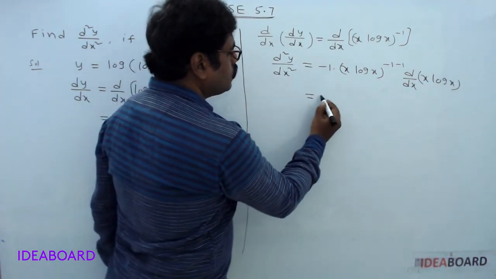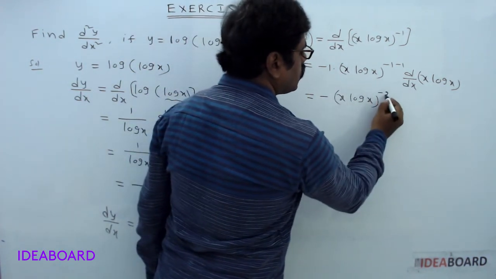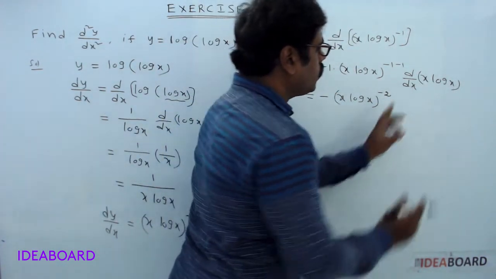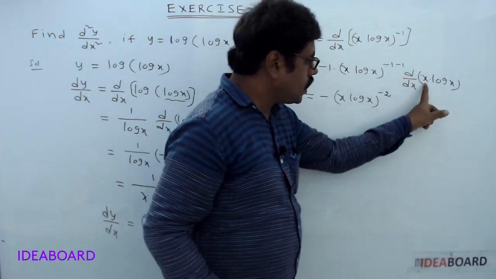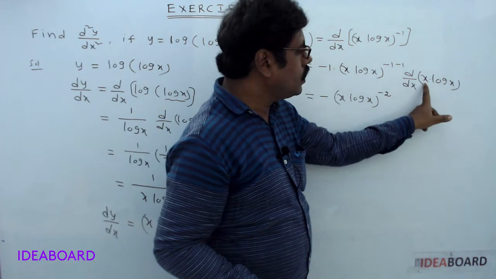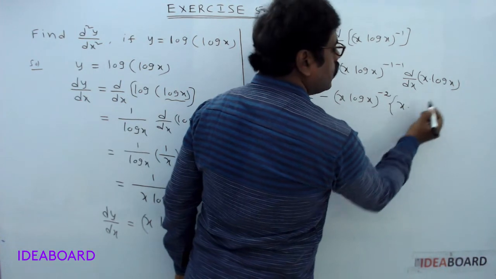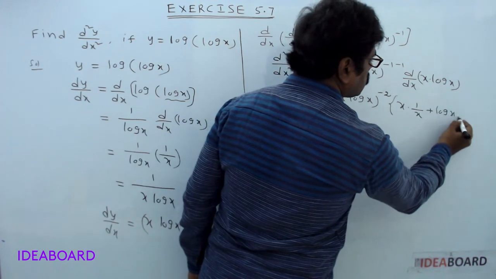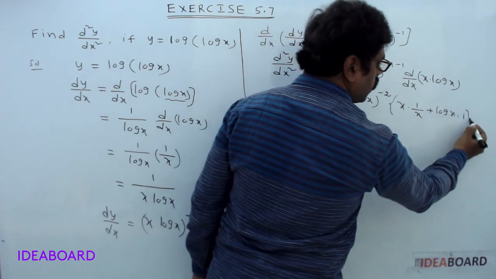Now this equals minus (x log x) whole power minus 2. Now the derivative of x into log x is the derivative of a product of two functions. What is this formula? First function into the derivative of the second function plus second function into the derivative of the first function. Now apply that result. x into the derivative of log x, which is 1 by x, plus log x into the derivative of x with respect to x, that is 1.